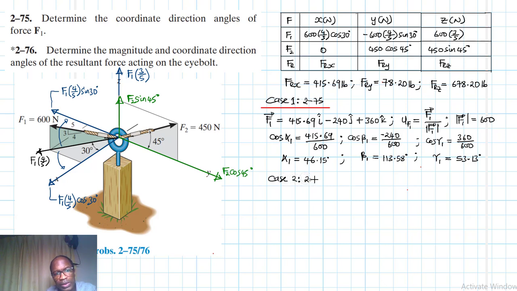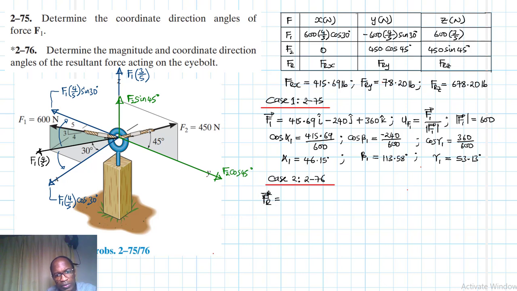Case 2, that is 2-76. What do we have here? We are supposed to find the magnitude and the direction angles of the resultant. All right, so let's work out the resultant.